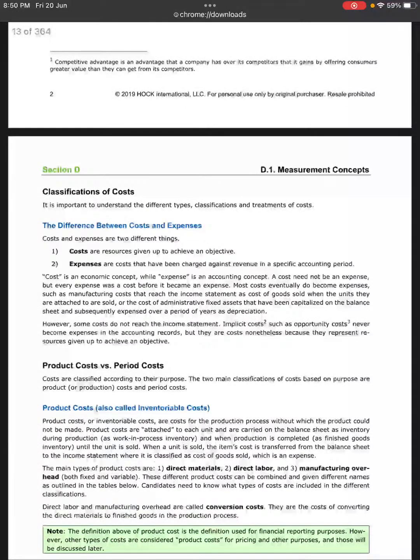There is confusion, right? Most of us are confused about cost and expenses. What is cost and what is expenses?